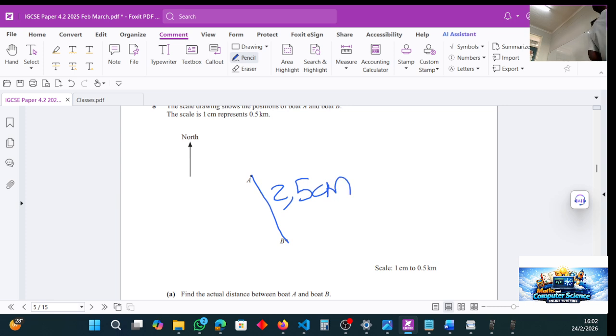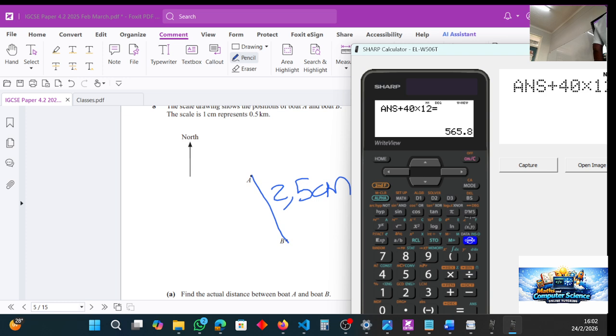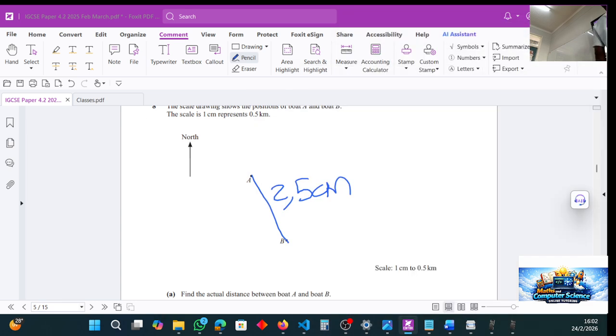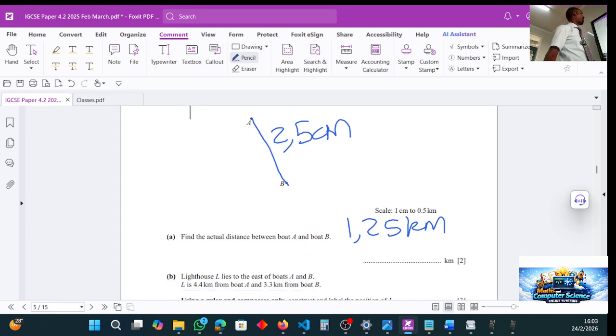Each centimeter is 0.5 kilometers, so we divide 2.5 by 2, which gives us 1.25. So in kilometers, this distance is 1.25 kilometers.